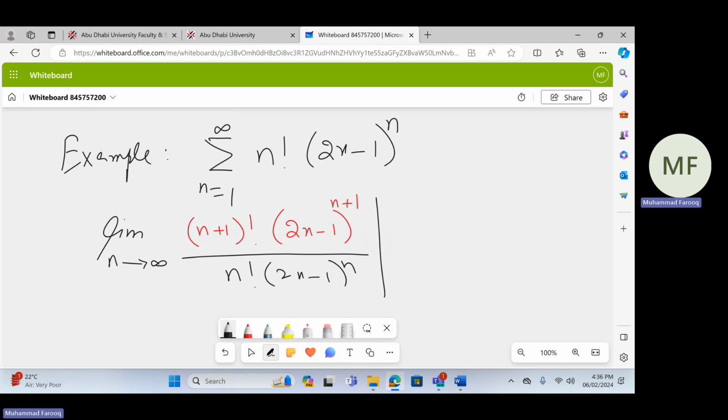Now I can break 2x minus 1 to the n plus 1 into parts, and we can expand n plus 1 factorial.